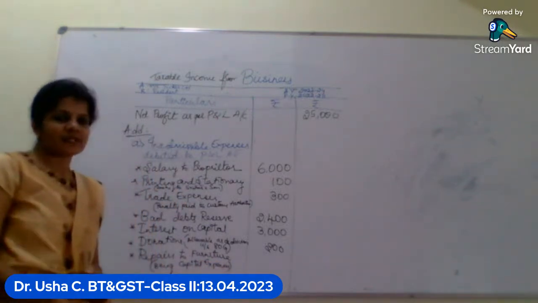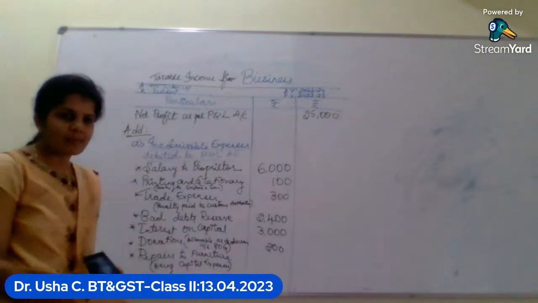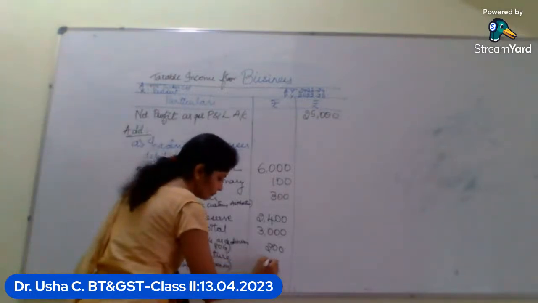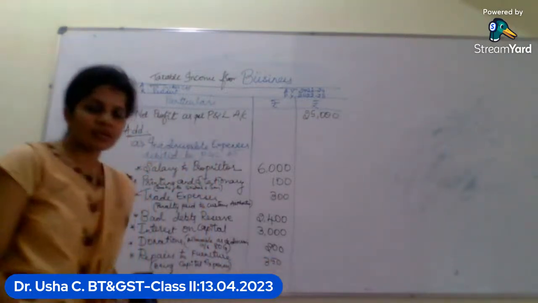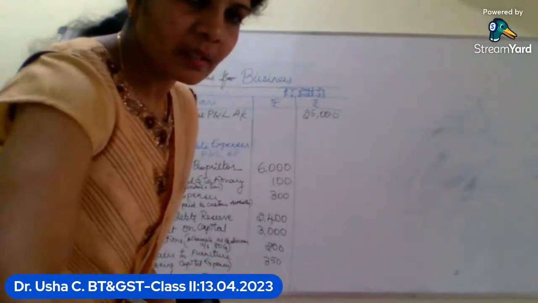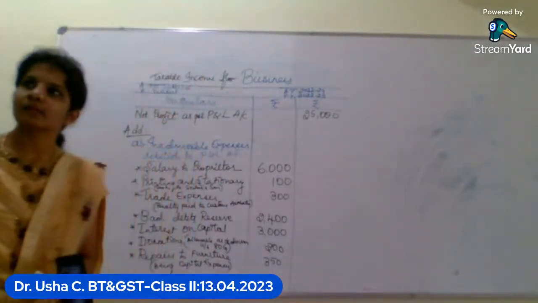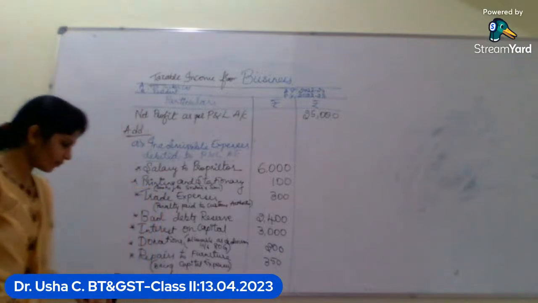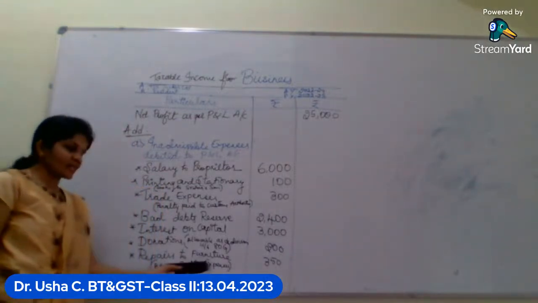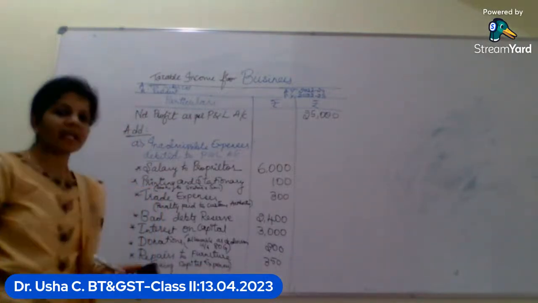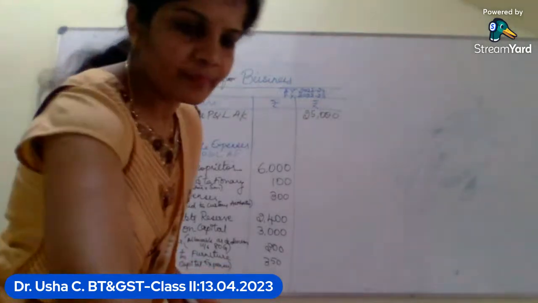All capital expenditures are not allowed. What is the amount? 350. Is it visible if I write down here? So, repairs to furniture, it is 350 rupees being capital expenditure.